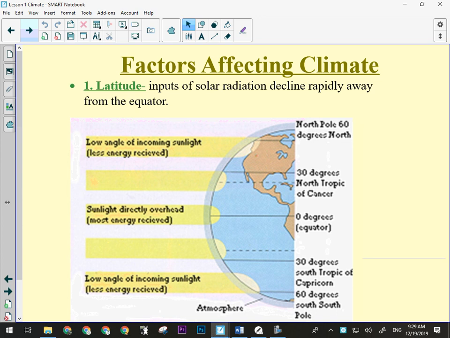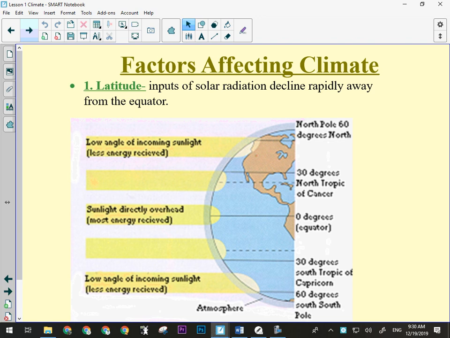Okay, number 1 factor affecting your climate is how far from the equator you are. Right? So your latitude is your number 1 factor affecting climate. Reason for that, the further from the equator you are, the less direct and thus less intense the sunlight you receive is.